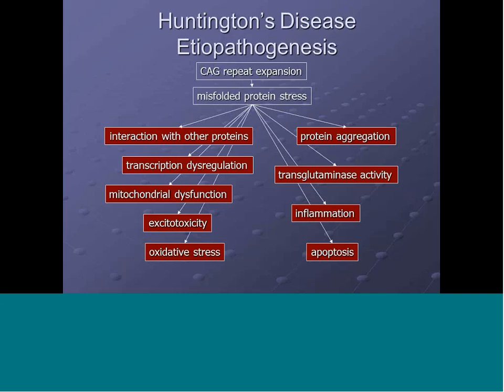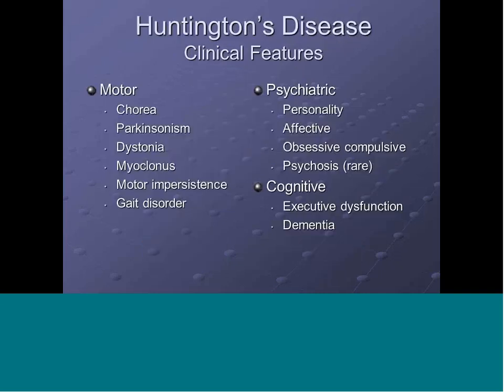A complex mechanism has been explained for Huntington's disease pathogenesis, which includes CAG repeat expansion that leads to misfolded protein stress, interaction with other proteins and protein aggregation, basically leading to mitochondrial dysfunction or some kind of inflammatory process, and in the end leading to oxidative stress and apoptosis.